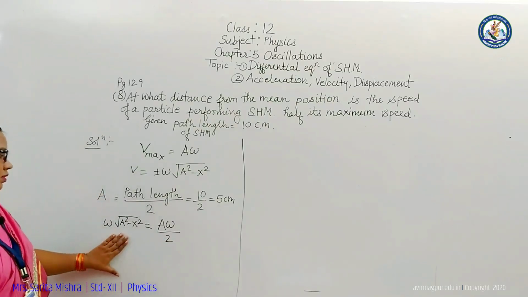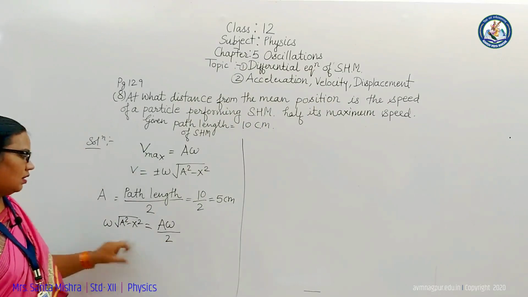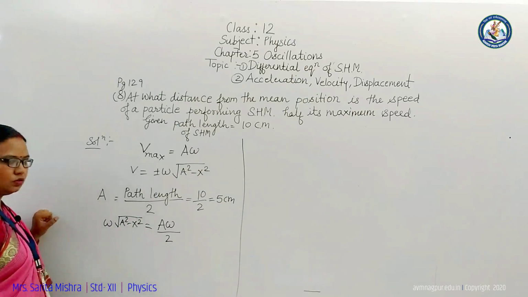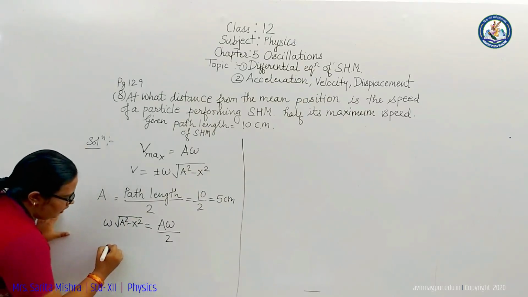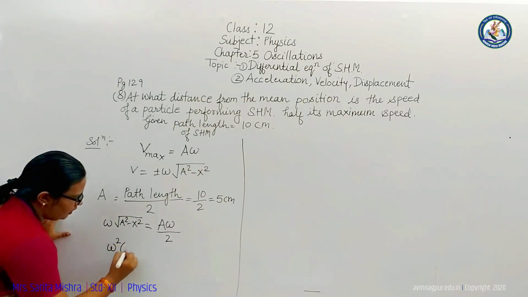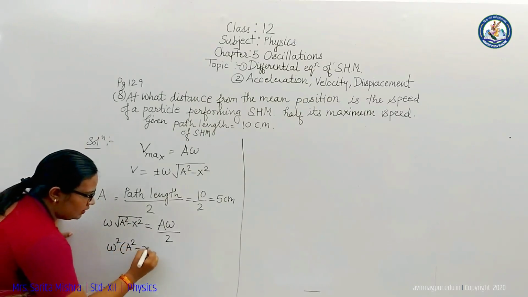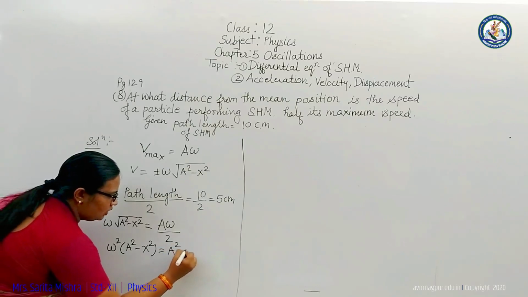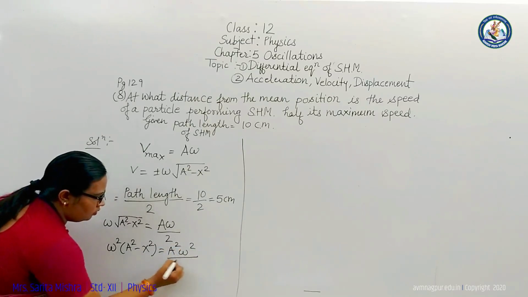Now using this we can find the value of x. As there is a square root, take the square on both sides. We get omega square into a square minus x square equals a square omega square upon 4.